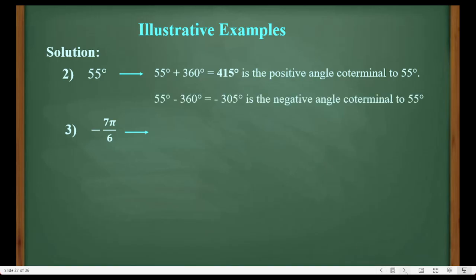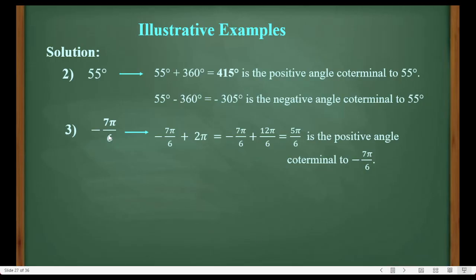Then, for the negative coterminal angle, again, we go back to 55 degrees, but this time we subtract 360 degrees. And we have negative 305 degrees, which is the negative angle coterminal to the given angular measure, 55. So the two angular measures are what? 415 degrees and negative 305 degrees.